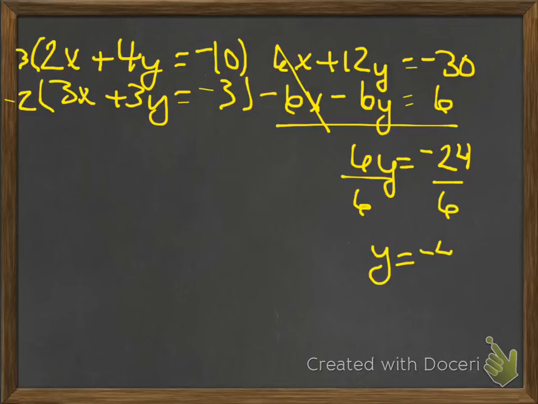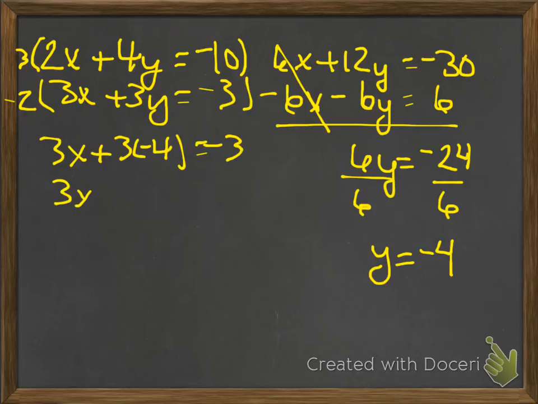So now, are you going to put it in the first one or the one you changed? It doesn't matter. You know what I usually do when I work it like this? You see how I look at this open space? I generally put it right under the bottom one, just because it's right there. So 3x plus 3 times -4 equals -3.